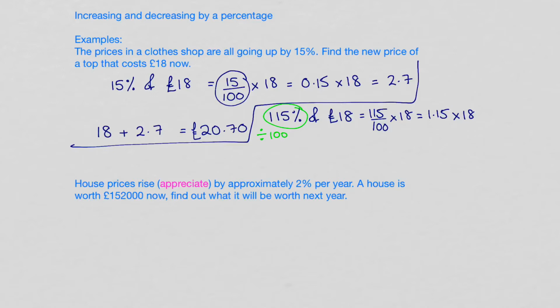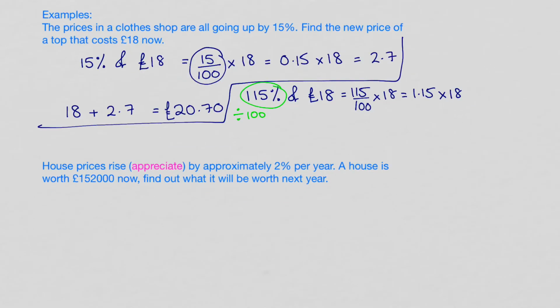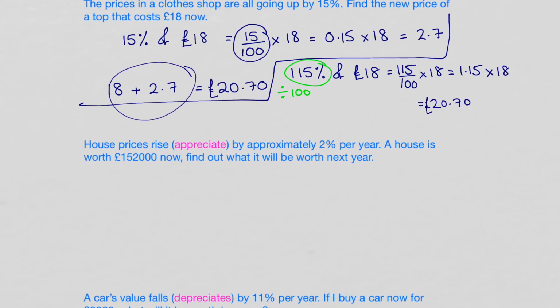So 1.15 times 18, just check, you get straight to the 20.7, which remember means £20.70. So we've cut out that need to be adding on the amount here by working out the percentage that we're going to end up with.